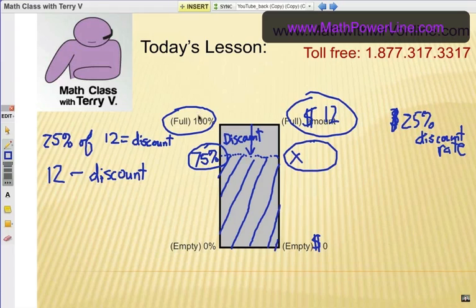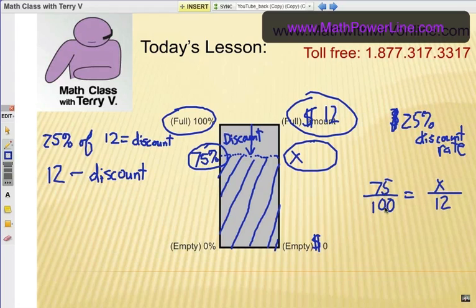So you take these four amounts: the 100%, the 75% that you would actually pay, the $12, and the selling price that you're looking for. We're going to put the 75% that you pay over 100%, which is the full price, equals the amount that you would pay, that's the selling price, or the buying price, I should say, over $12.